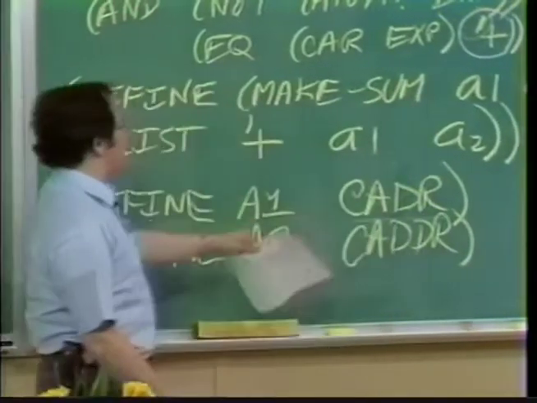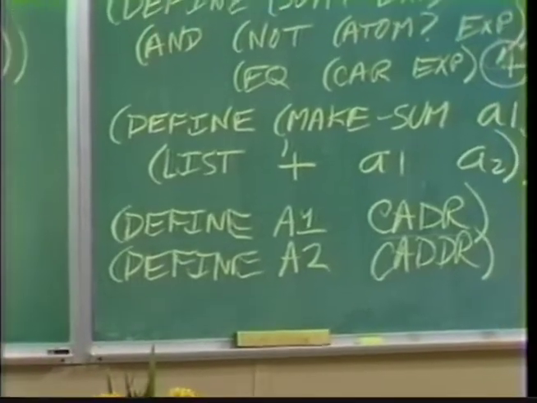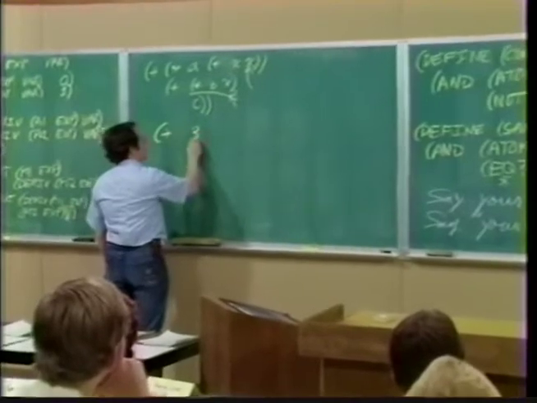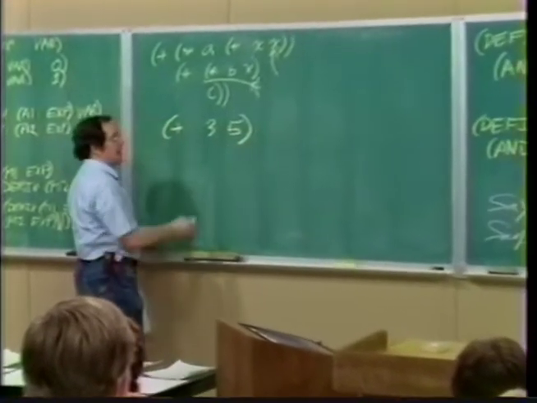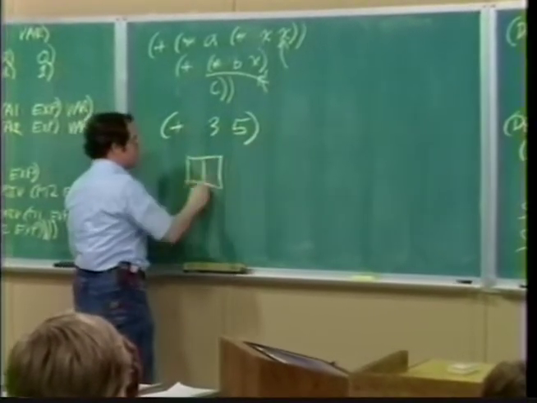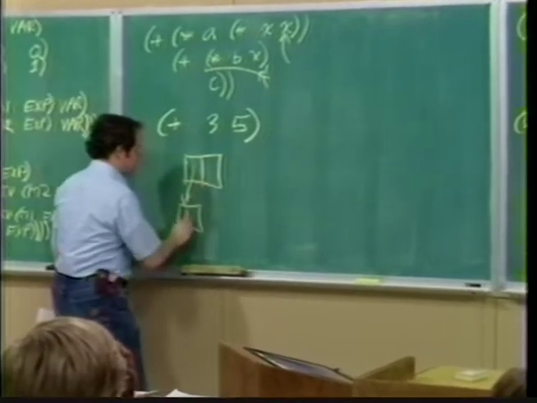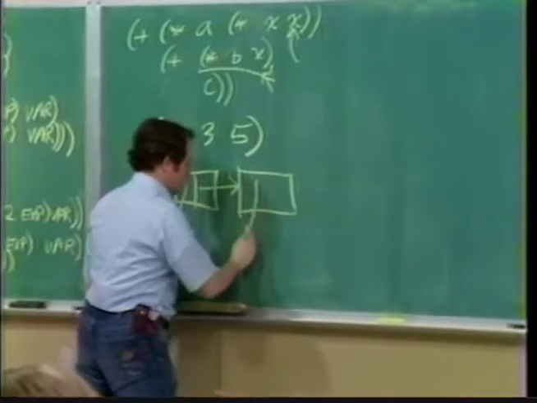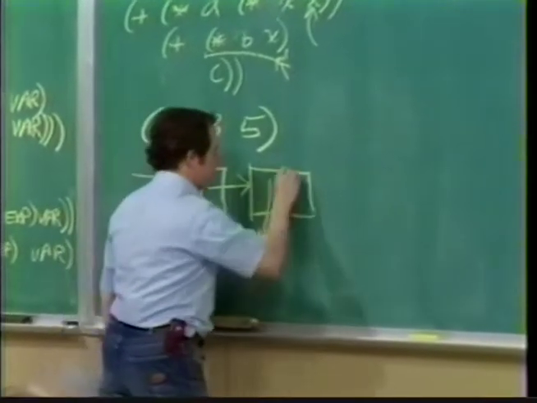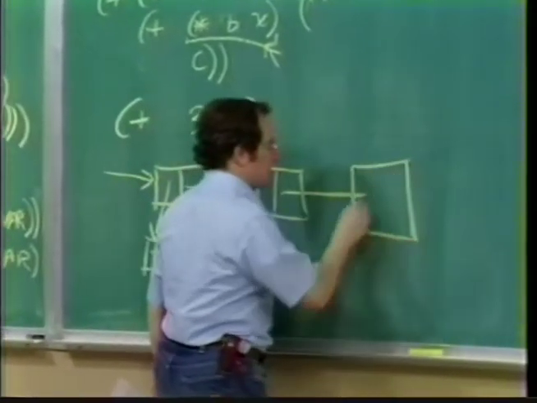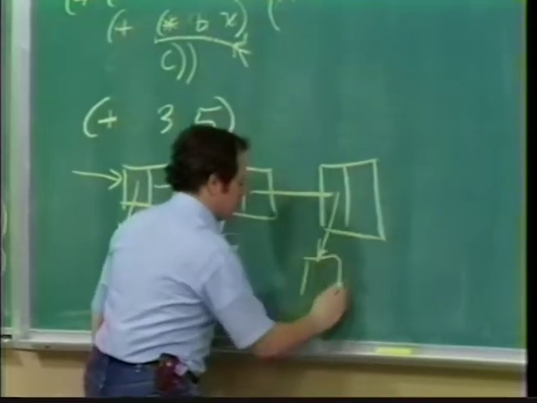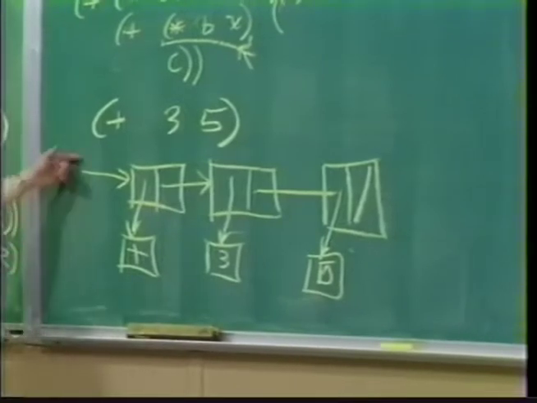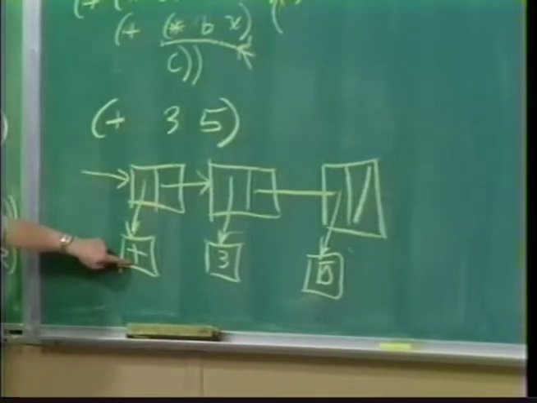And of course, you can see that if I looked at one of these expressions, like the sum of 3 and 5, that is a list containing the symbol plus and a number 3 and a number 5, then the car is the symbol plus.